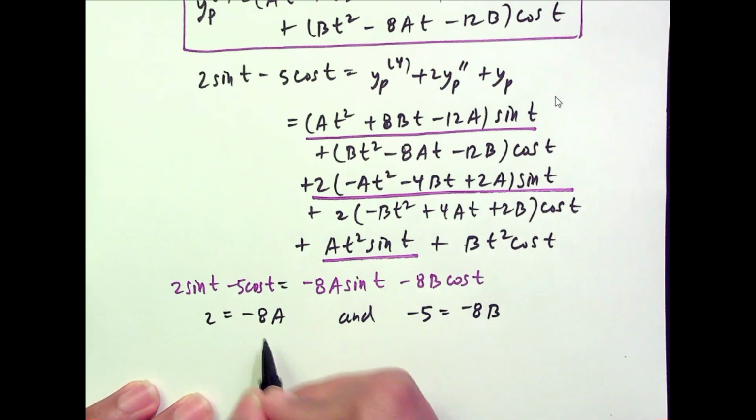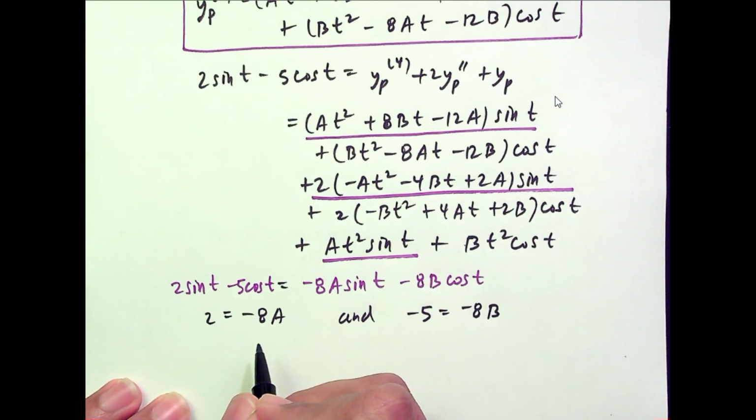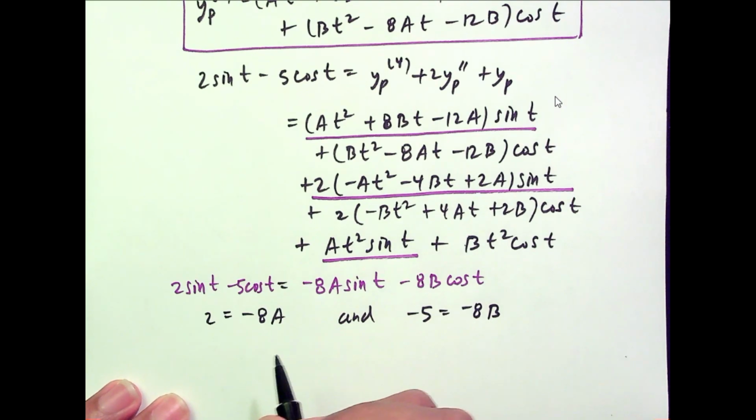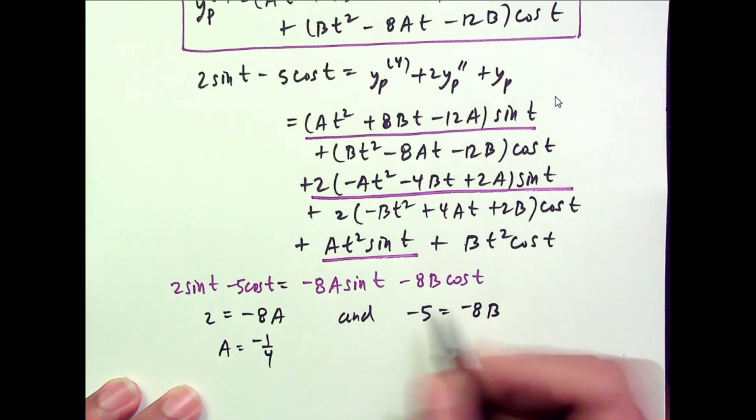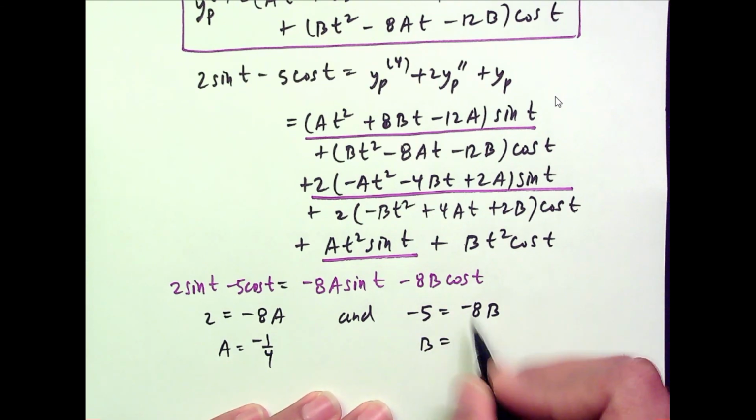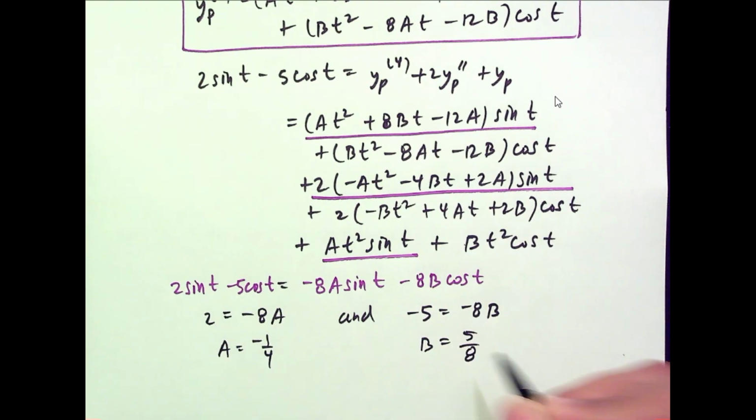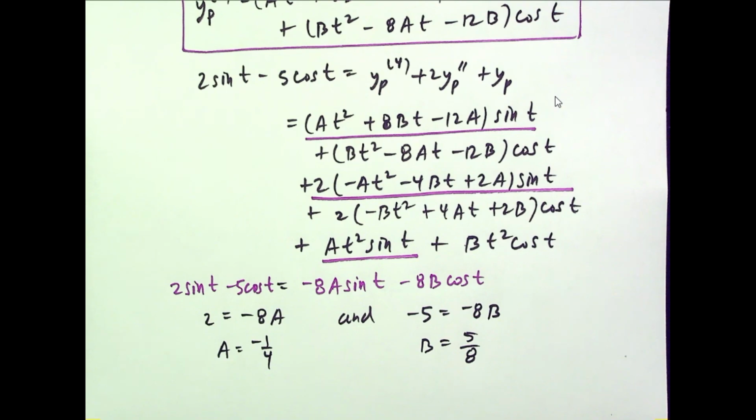So this gives you a equals negative 1/4 and b equals 5/8.